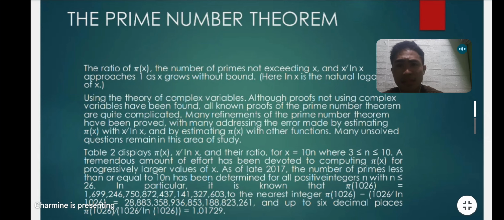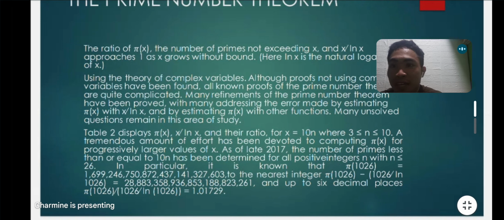Many refinements of the prime number theorem have been proved, with many addressing the error made by estimating pi(x) with x over ln x, and by estimating the ratio of pi(x) with other functions. So many unsolved questions remain in this area of study.